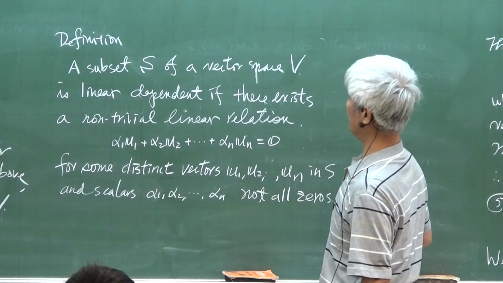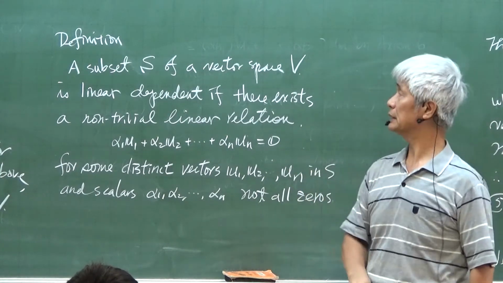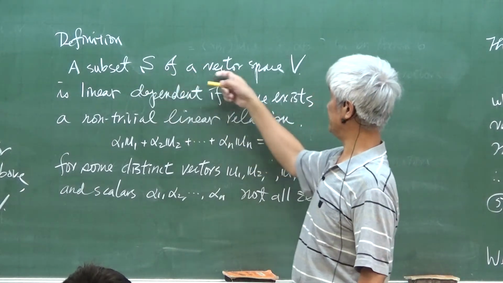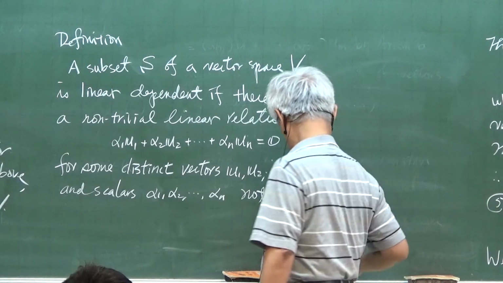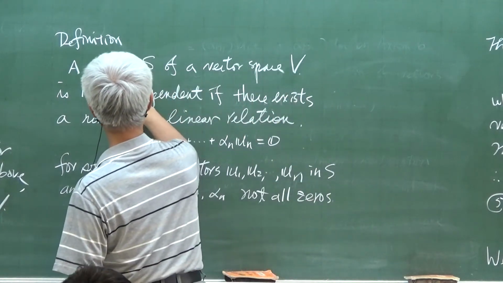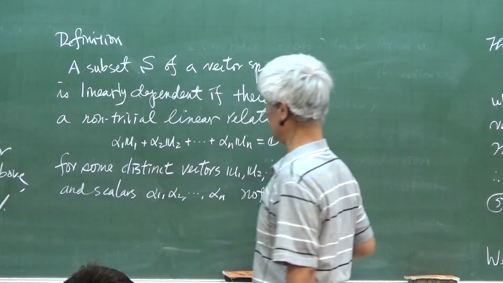Right? So we have to be careful. A subset S of a vector space V is linearly dependent.